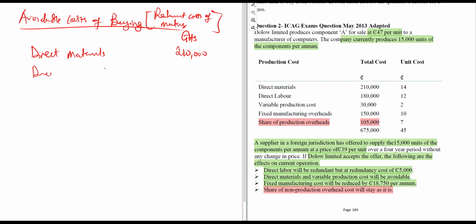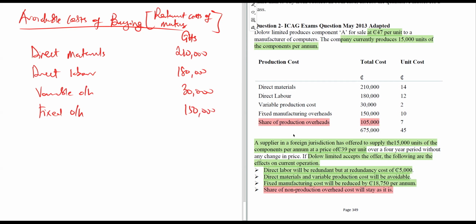Yes. Going to lose direct labor of how much? 180,000. We are going to lose variable overhead of how much? 30,000. We are going to lose fixed manufacturing overhead of 150,000 also.